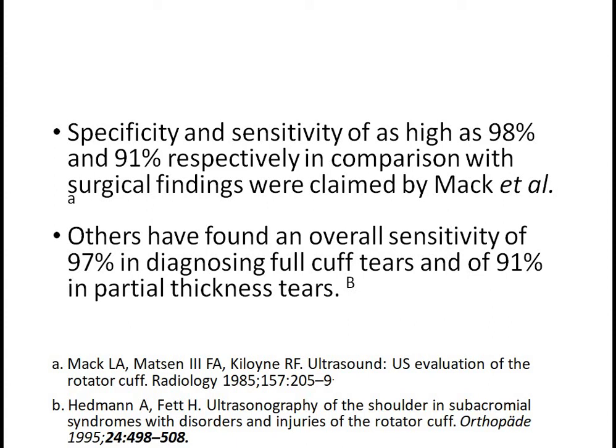That rate of true positives among all positives is known as the positive predictive value. The negative predictive value is the rate of true negatives among all negative reports, whether true negative or false negative.